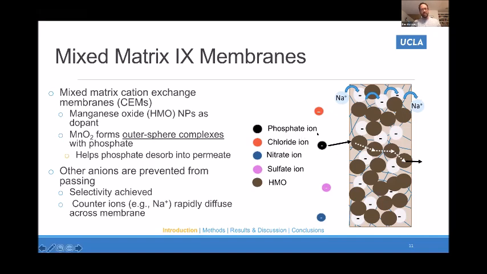The idea here is that manganese oxide forms outer sphere complexes with phosphate, and it doesn't really form outer sphere complexes with other anions.